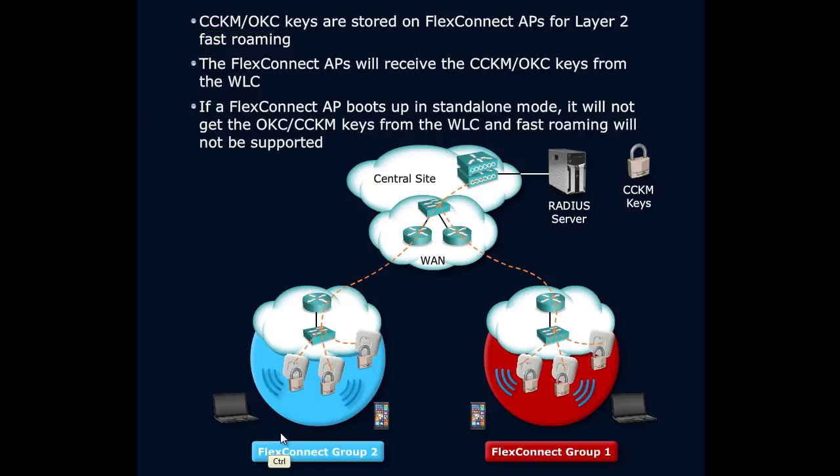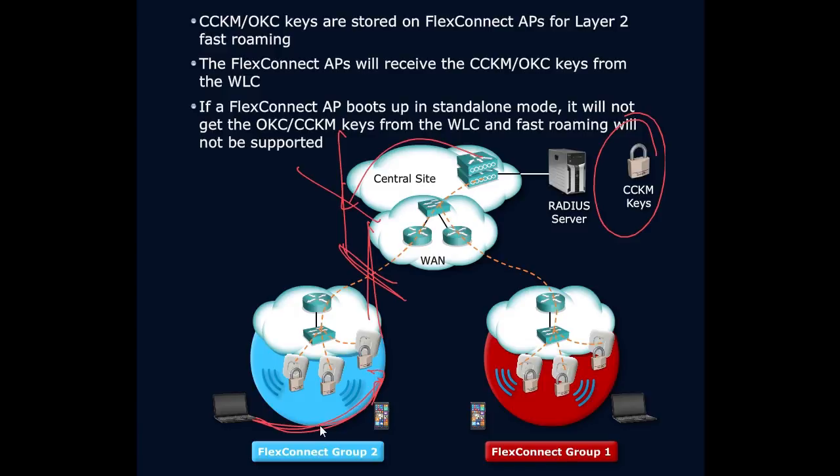When I'm in standalone mode, so something failed up here, I no longer have access to my wireless LAN controller. That's when the issues take place. I can no longer exchange the CCKM or OKC keys, so my wireless LAN controller can't deliver anything. So when I try and roam, the AP has no key to communicate.